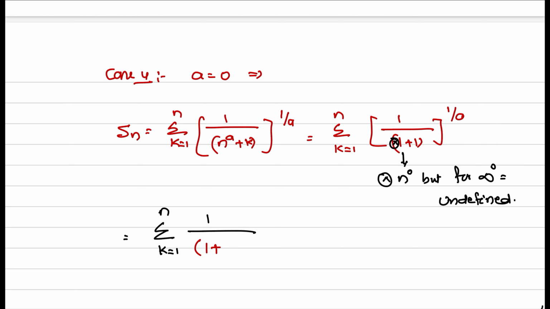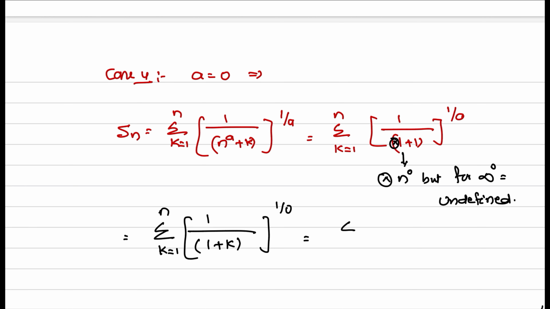If I take a value, then this will be something to the power 0, that will be 1 plus k to the power of 1 by 0.